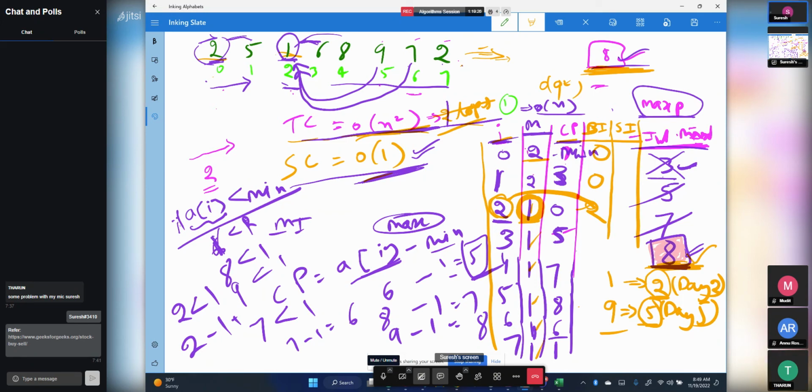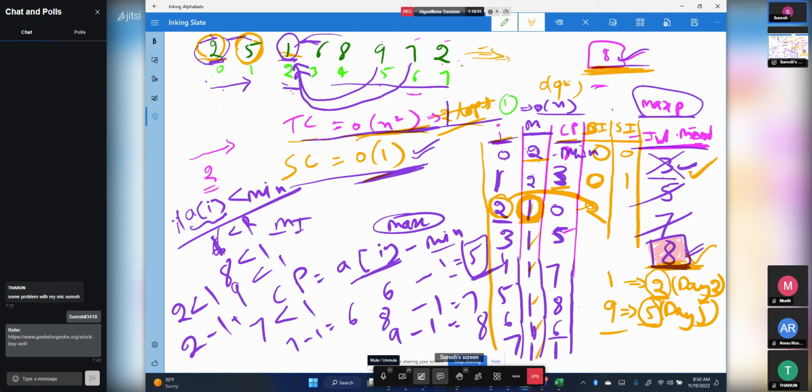Exactly, that is perfectly right. We update the sell index whenever we find a better maximum. For index 0, the sell index is 0, nothing. But for index 1, you got profit 3. You buy at index 0 and sell at index 1, and you get 3. So the sell index is 1.